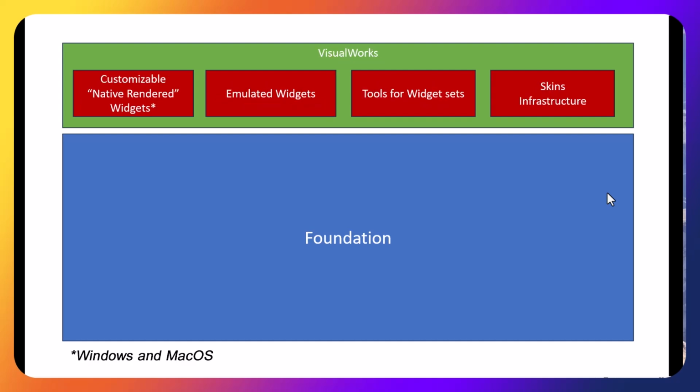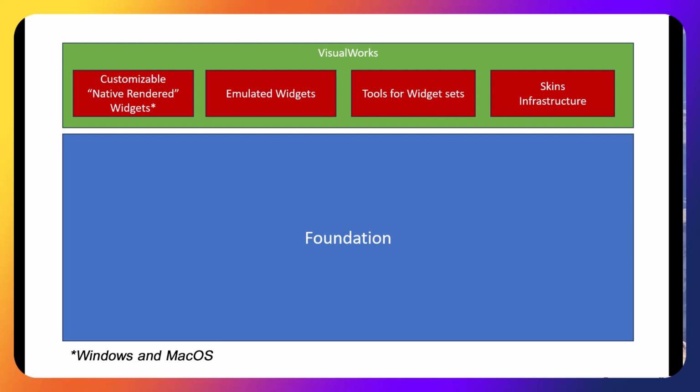Our other major Smalltalk product, VisualWorks, we think of as the cross-platform do-anything Smalltalk solution. If you want to run on Windows, Mac OS, Linux, and Unix and be able to essentially port instantly, VisualWorks is your choice. It can give you customizable but natively rendered widgets on Windows and Mac OS.